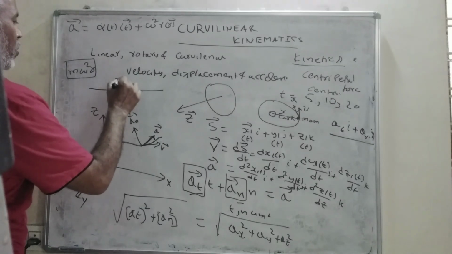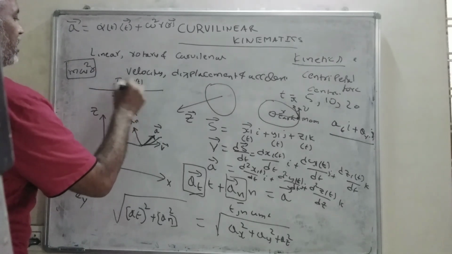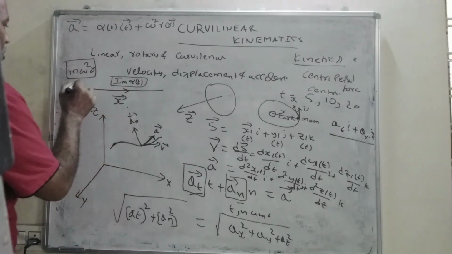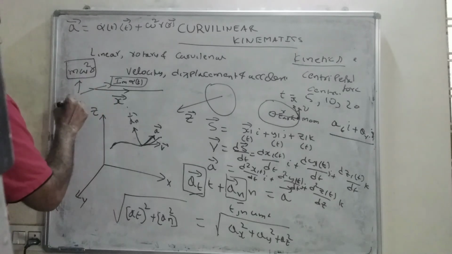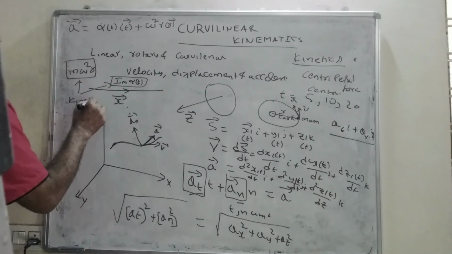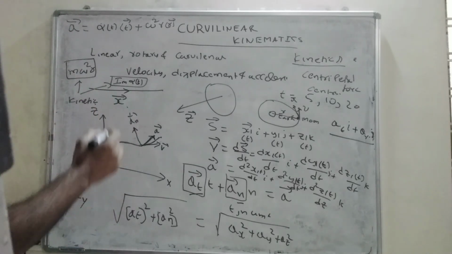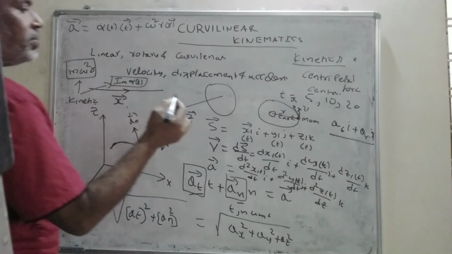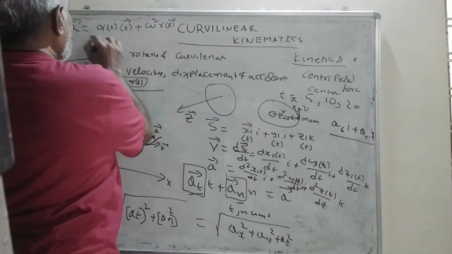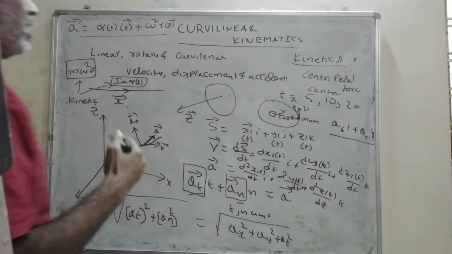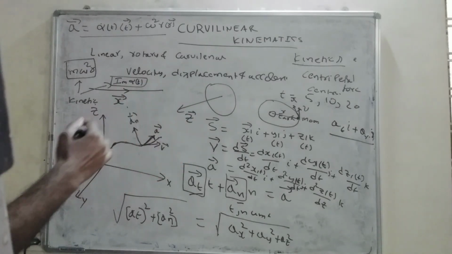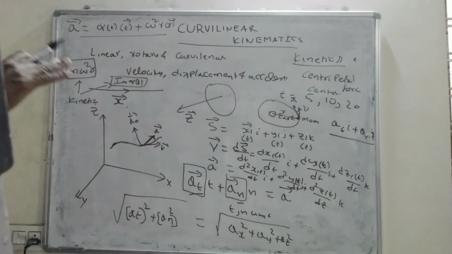Inertia of moon into alpha is the tangential force. So these two come under kinetics, and this particular simple one, the acceleration, is kinematics. So the displacement, velocity, and acceleration, this is all under curvilinear kinematics.